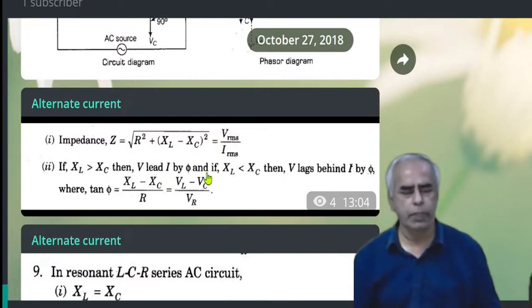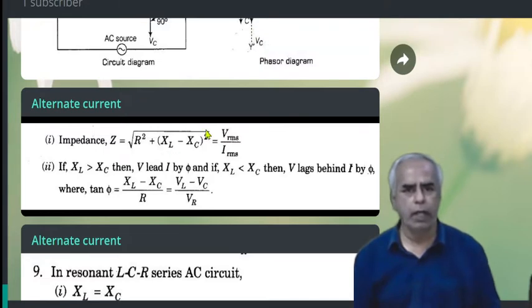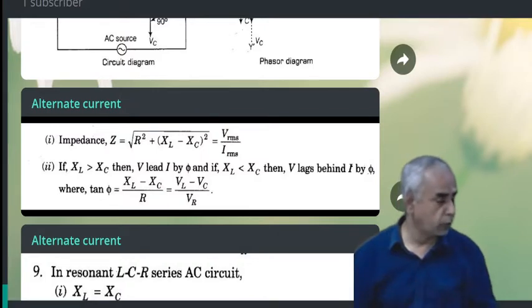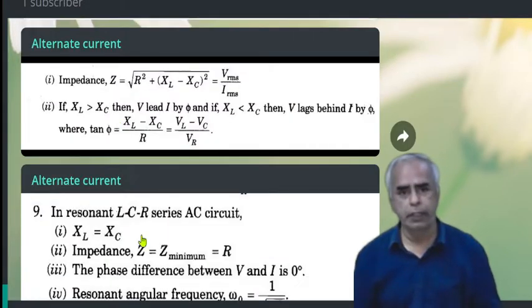Let us go to the previous snippet. Here we have XL minus XC; when XL is equal to XC, this becomes 0. So the square root of R squared is nothing but R. In that case, impedance is equal to R. Are you able to follow? So that's what is given here. That is impedance, Z minimum, equal to R.